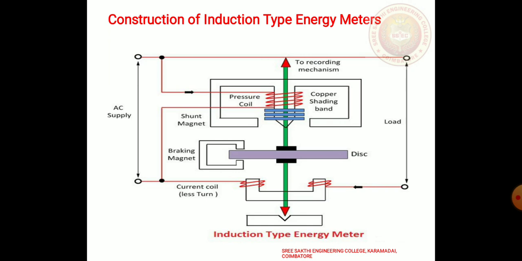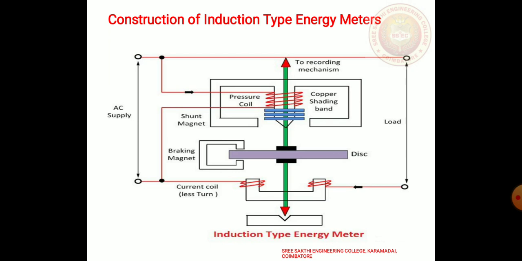Now we discuss the construction of the induction type energy meter. An induction type single phase energy meter is shown in the figure. It has the following main parts of the operating mechanism: driving system, moving system, braking system, and recording system. First we discuss the driving system. It consists of two electromagnets called the shunt magnet and the series magnet.